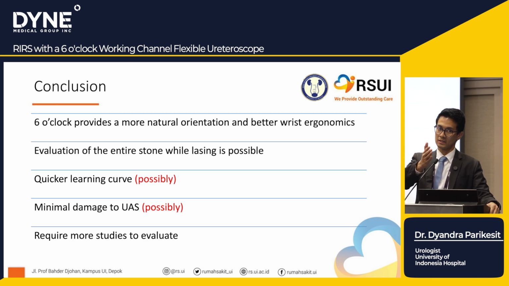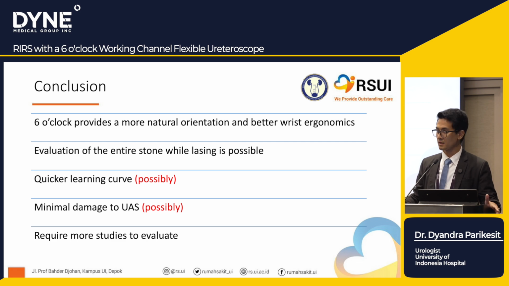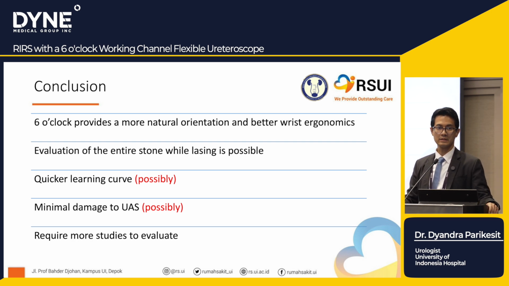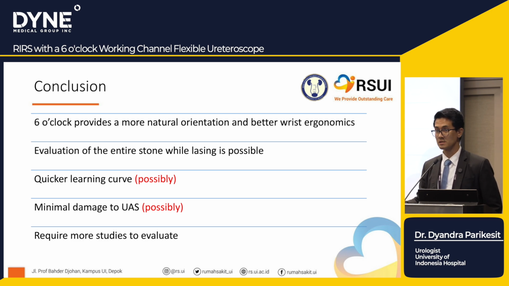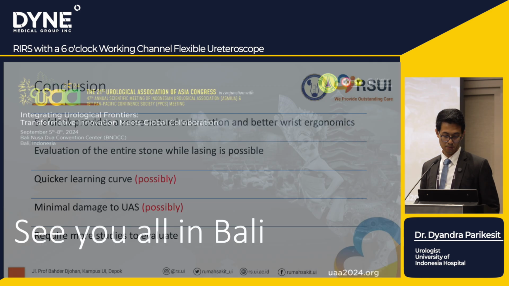You can definitely reach the leftmost and rightmost parts of the stone. Possibly learning curves are quicker, though this needs more research, and there can be minimal damage to the access sheath. All in all, we need further data, but I'm sure it's a promising next step for flexible RIRS.